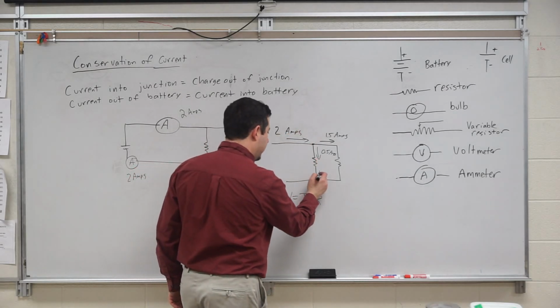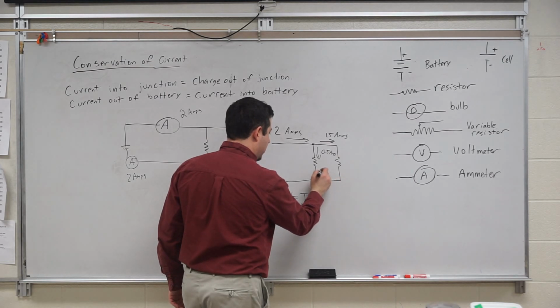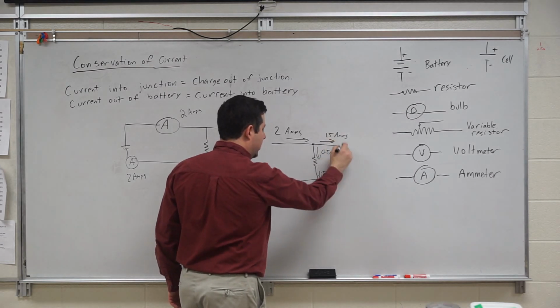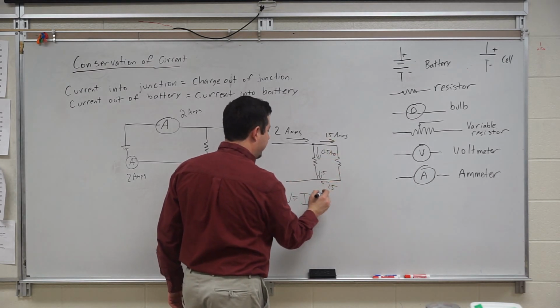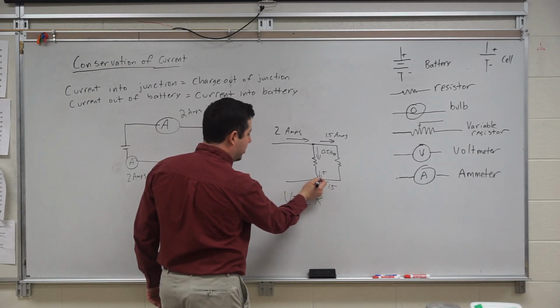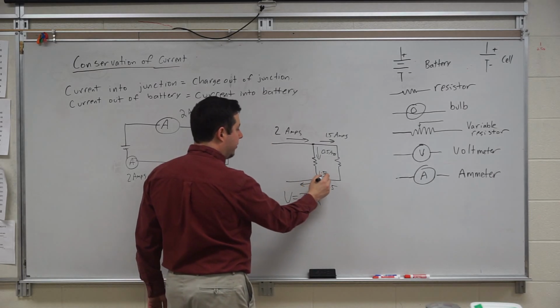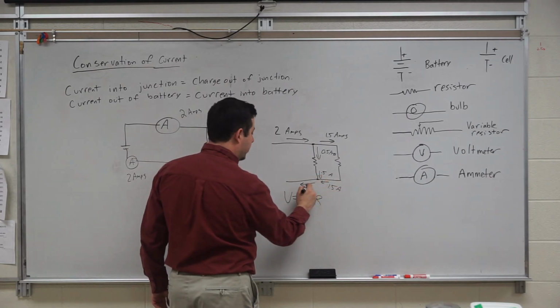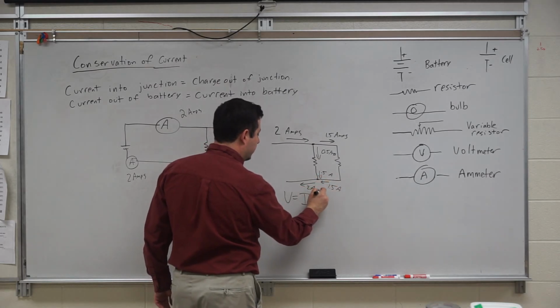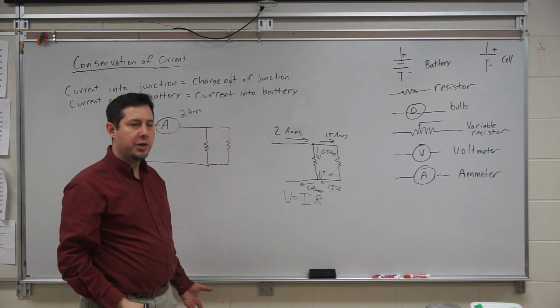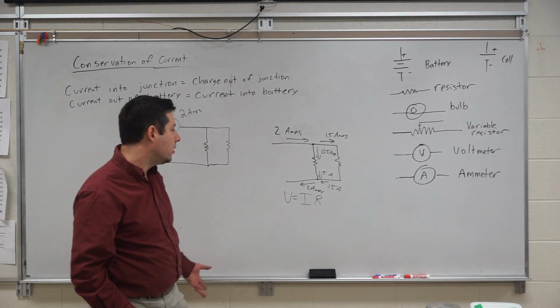If you have 0.5 still coming through here, that means you've got to still have 1.5 there. They come together at this junction, so out of this junction, you've got to have a total of 1.5 plus 0.5, or 2 amps out. So whatever you have in, you have going out as well.